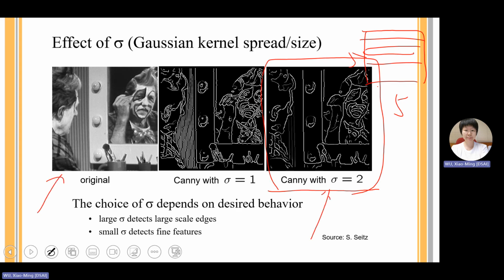Compared to the filtering results by a smaller Gaussian kernel, a larger Gaussian kernel will detect larger scale edges, while a small Gaussian kernel will preserve fine features.